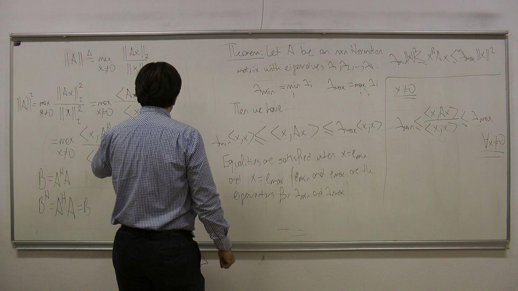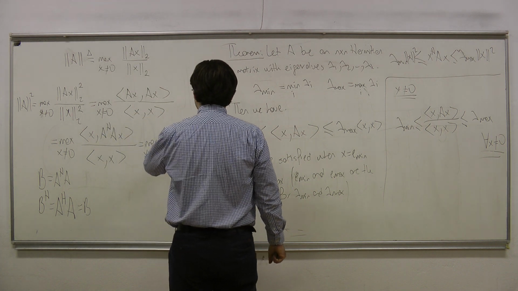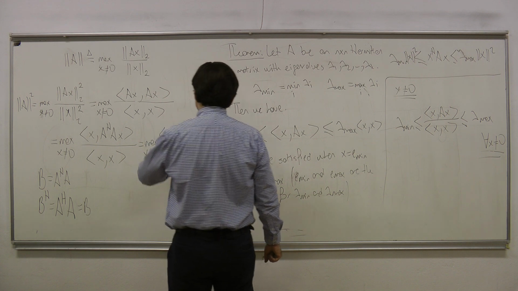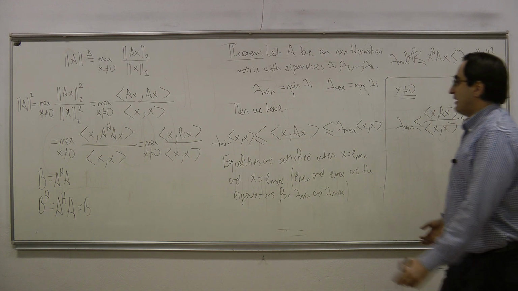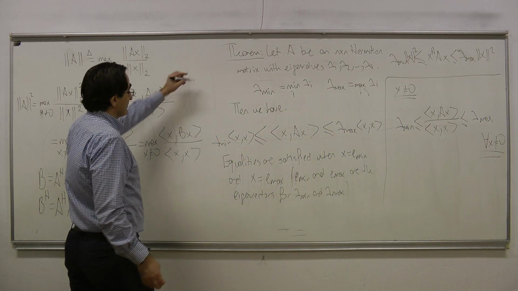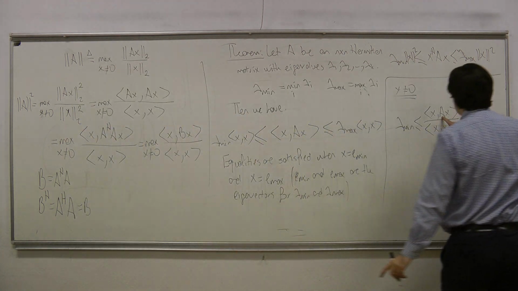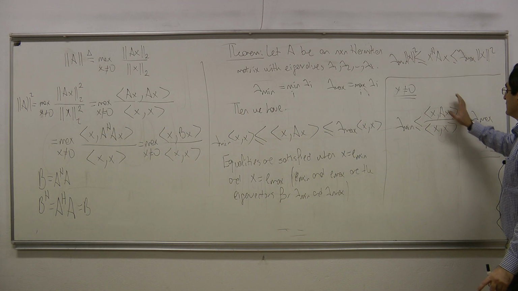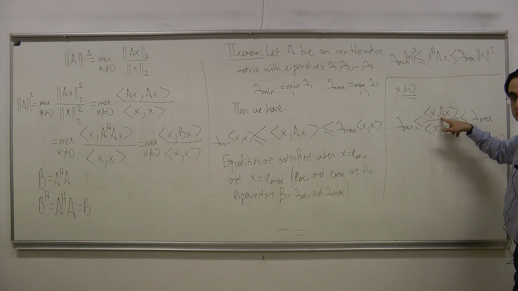So this is the max, x not equal to 0, of x Hermitian Bx divided by x Hermitian x. Okay? And I know the result of this maximization by that theorem. When I have any Hermitian matrix here, the maximum of this ratio is nothing but the maximum eigenvalue of this Hermitian matrix.